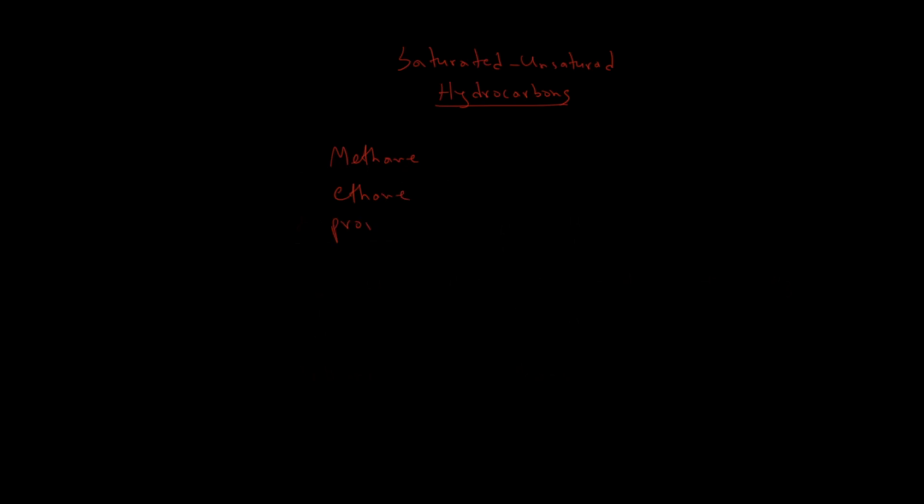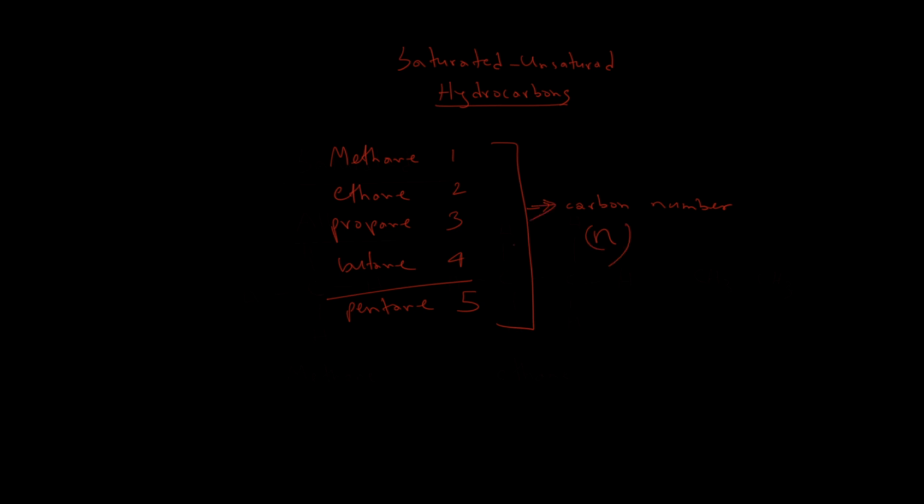Then propane, 3 carbon. Then butane, 4 carbon. Then pentane, 5 carbon. These are the carbon numbers, expressed by n.